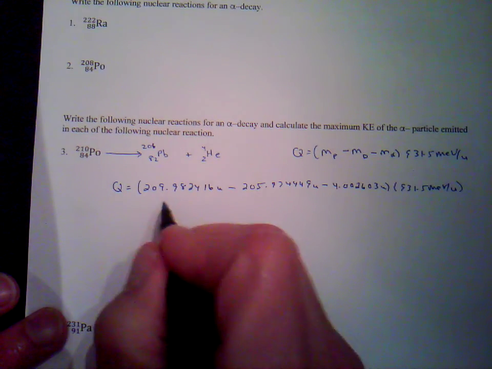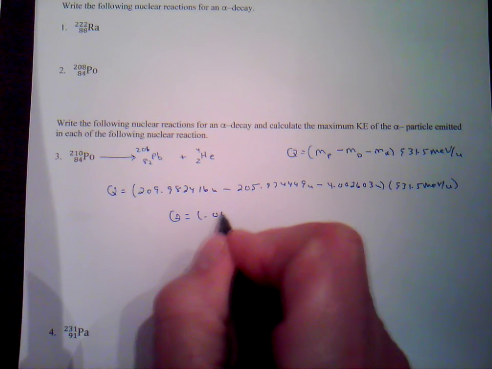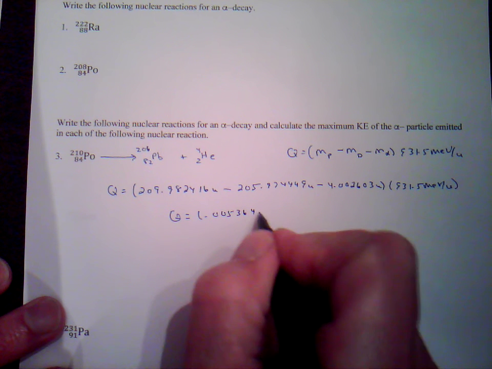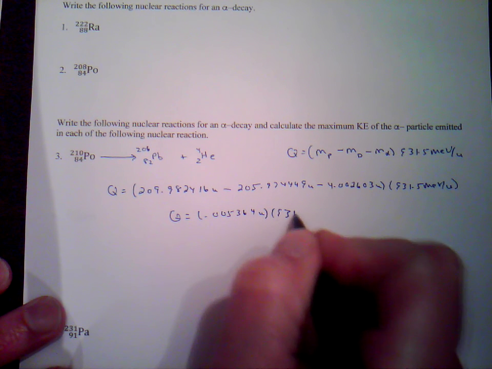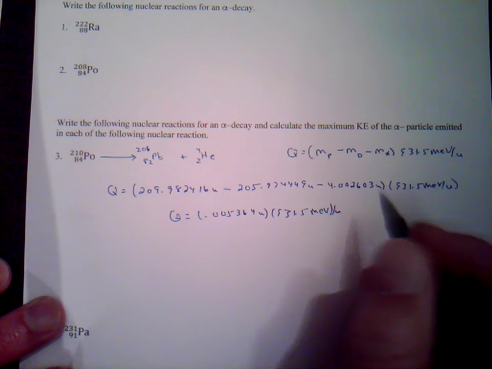You do that calculation, and we get Q equal to 0.005364 atomic mass units times 931.5 megaelectron volts per atomic mass unit.